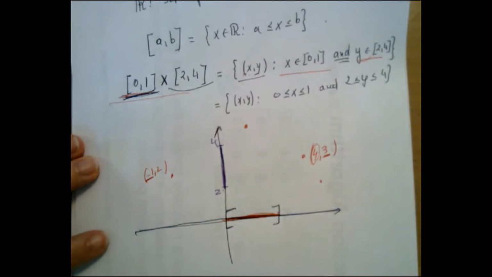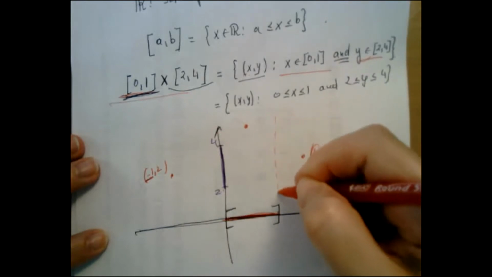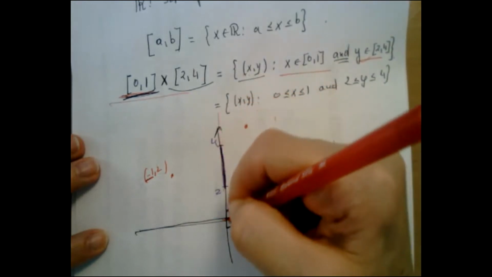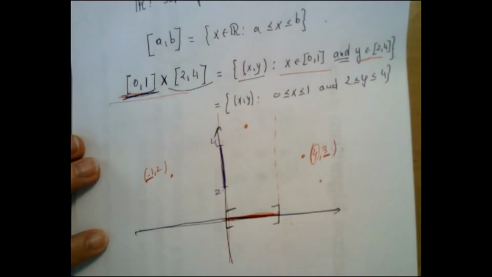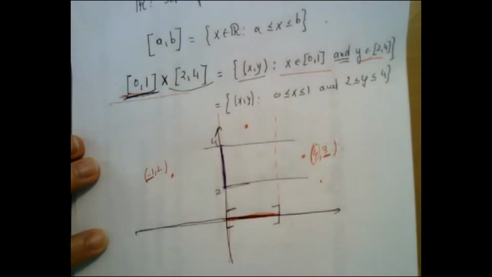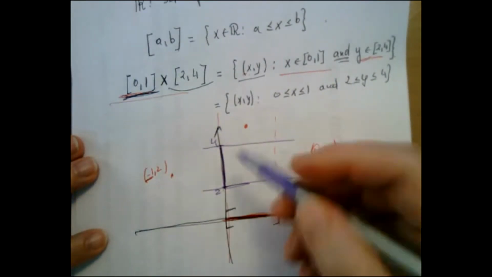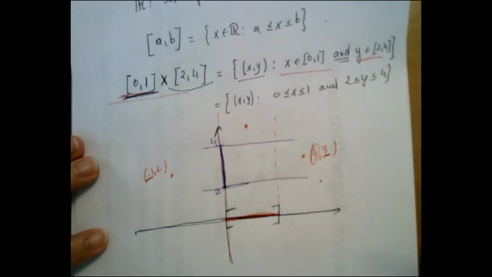So which points will be? Every point where the x is in here and y in here. So the x has to be between 0 and 1, and the y has to be between 2 and 4. So every point should be in this region because that's the x, and it should be in that region.